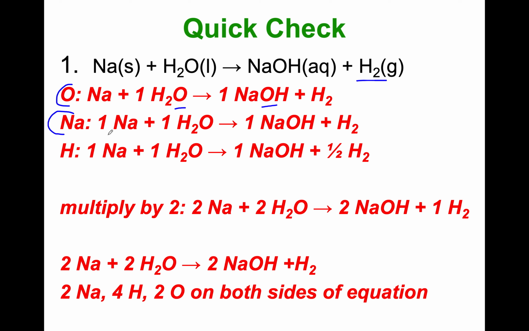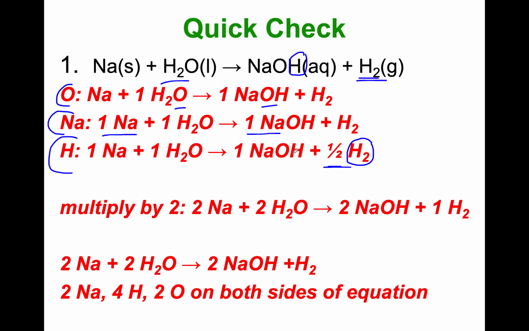Sodium, 1 sodium, 1 sodium. That's good. Hydrogen, okay, there's 2 on the left. There's 2, and don't forget this one over here, 3 on the right. So remember how we saved the element for last? You could add a fraction here of 1/2. Okay, that makes this balance now.